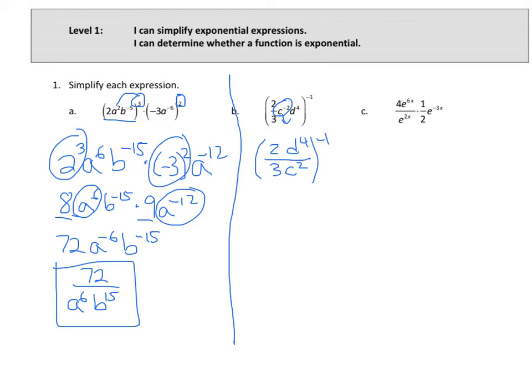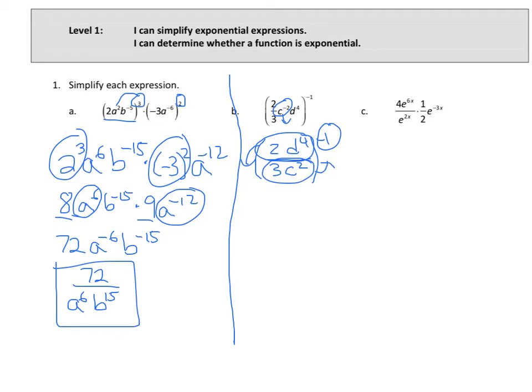And then if you raise anything to a negative power, you can flip it. Raising something to the negative 1, you can just flip the whole fraction or take the reciprocal. Everything on the top is going to move down, and everything on the bottom is going to move up, and then it's going to be raised to the positive 1 power.